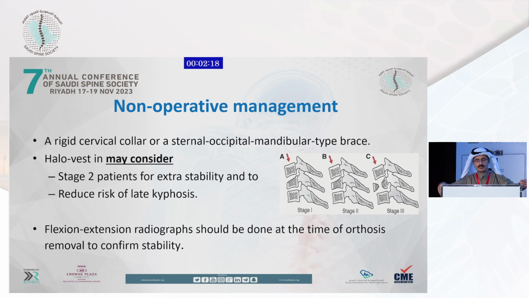A halo is a good option mainly for stage 2, or if you have a concern about stability. It is also useful for reducing the risk of late kyphosis compared to a regular rigid collar. However, it is associated with other complications, especially in the geriatric age group, with skin breakdown and respiratory problems. Of course, the end point for treatment is whenever you have a good fusion and good stability on flexion-extension X-ray.